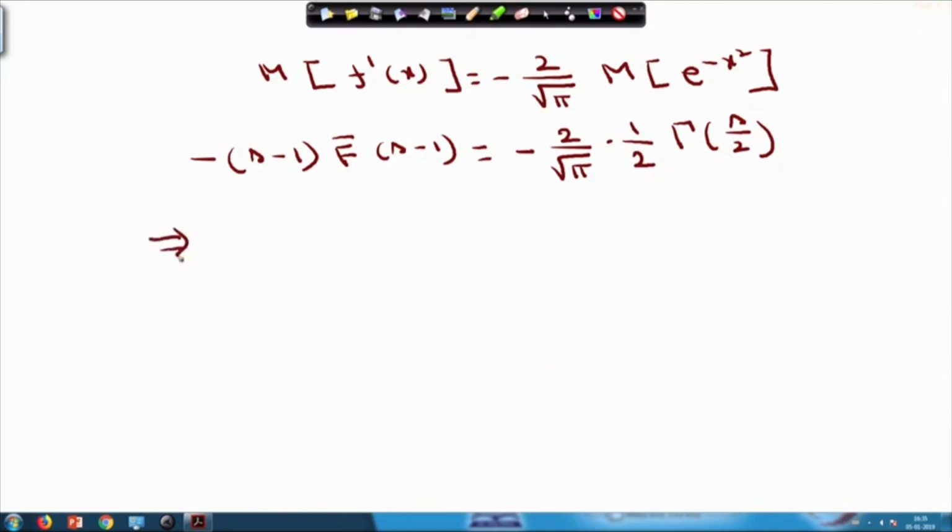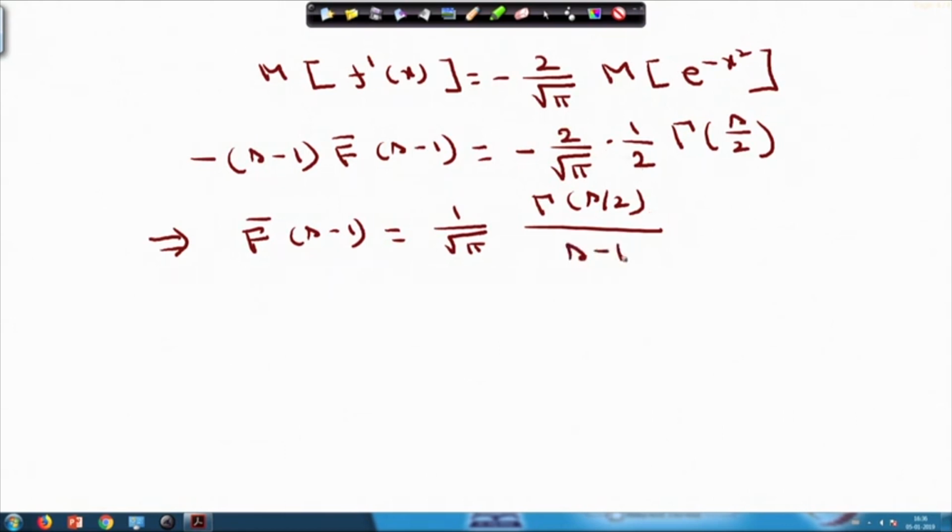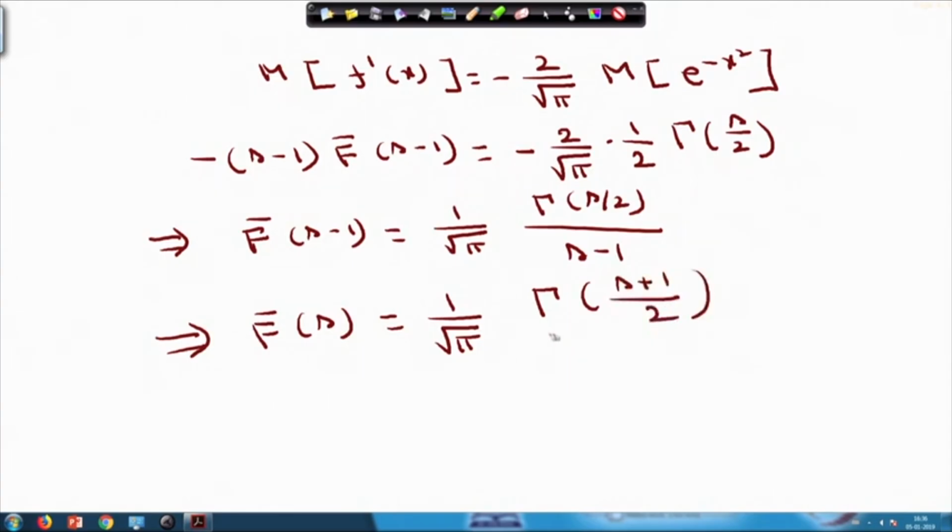So, from here I can write F bar of (s minus 1) is equal to 1 by root pi gamma of s by 2 will come, this 2 will be cancelled, divided by (s minus 1). So, your F bar of s is equal to 1 by root pi gamma of (s plus 1) by 2, s will be replaced by this, divided by s.